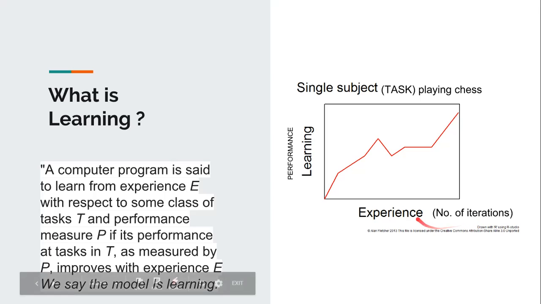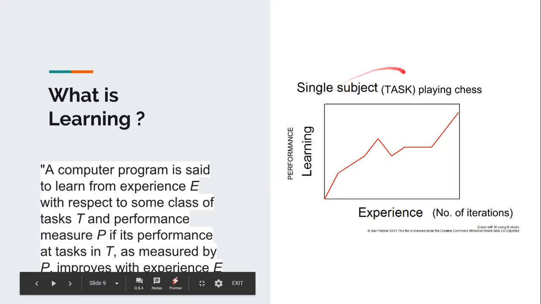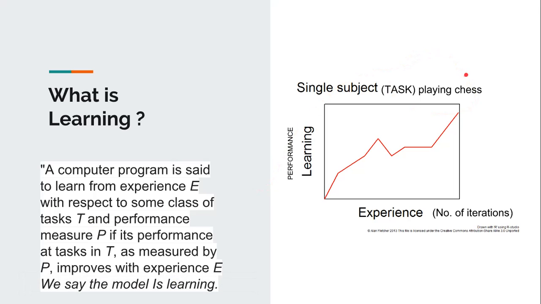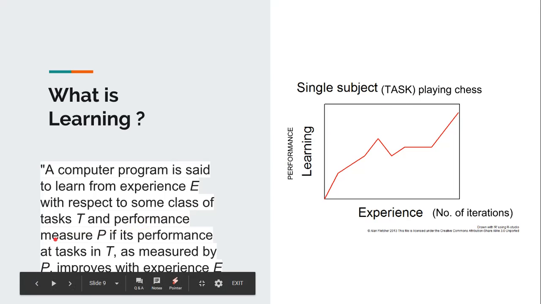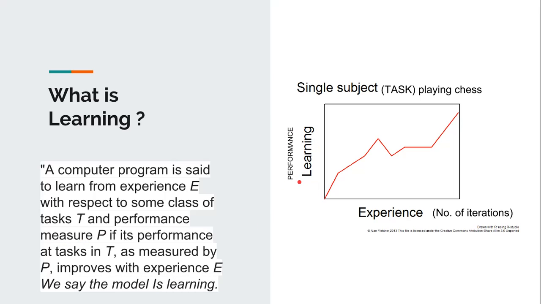The second thing is the task itself. A task example is playing chess. Our machine is trying to learn how to play chess. And the third thing is the performance measure, which measures how well we are doing on the specific task.